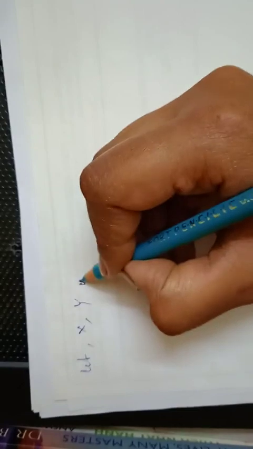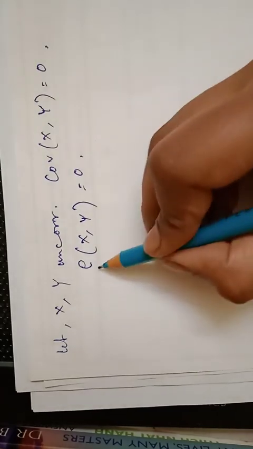So let X and Y be uncorrelated. That is, the covariance of X, Y equals 0. That means when the covariance equals 0, rho_{X,Y} must be equal to 0. Now, what is the probability density function when rho equals 0?